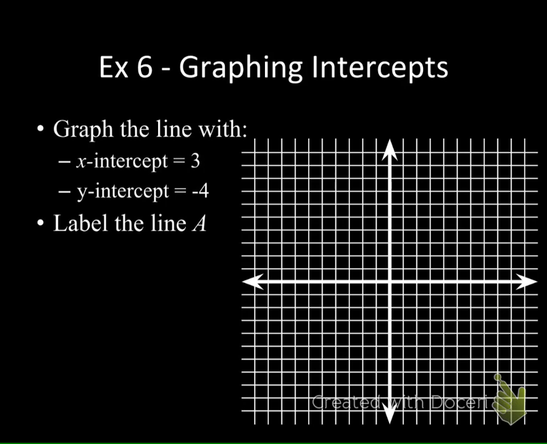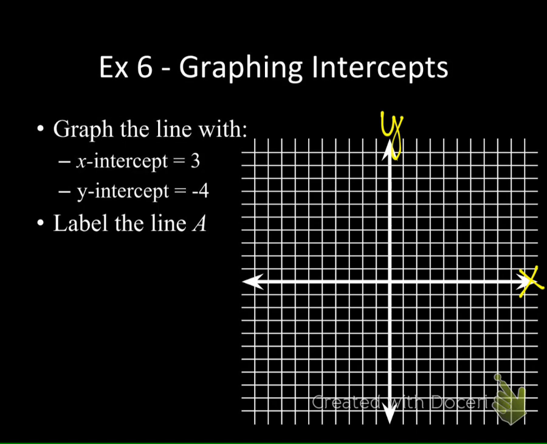So think about it. If the x-intercept is 3, so let's label my x-axis, my y-axis. If my x-intercept is positive 3, here's my x-axis, right? If it's going to be positive 3, I'm going to start at the origin, and which way do I go? Right.